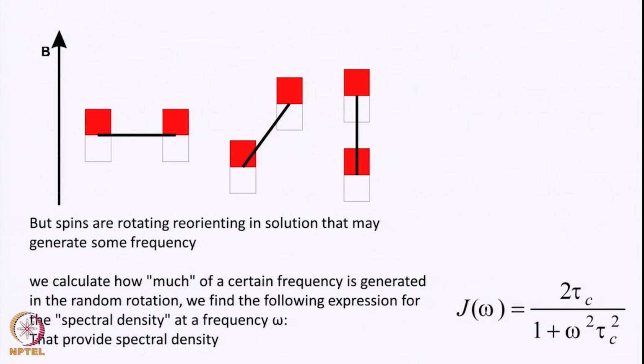Spectral density is given by J omega, in terms of tau c and the frequency of that particular spin. Tau c is the tumbling time of that particular system or spins. So, that is given by 2 tau c divided by 1 plus omega square tau c square. This J omega is called spectral density, and we can calculate how much of a certain frequency is generated by this random rotation of spins, because of all this relaxation that is coming.